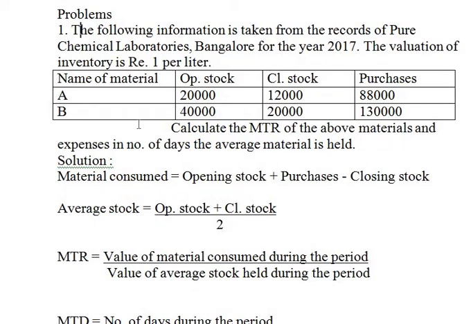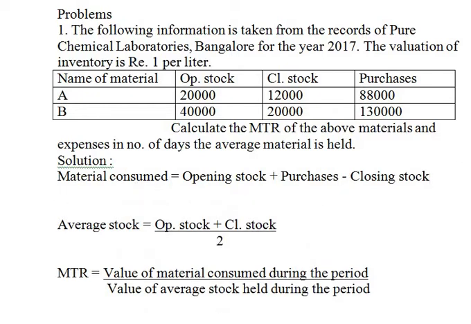First, the formula of material turnover ratio is value of material consumed during the period divided by average stock held during the period. So first we will find out material consumed. The material consumed formula is opening stock plus purchases minus closing stock. We need to calculate it for both the materials separately.